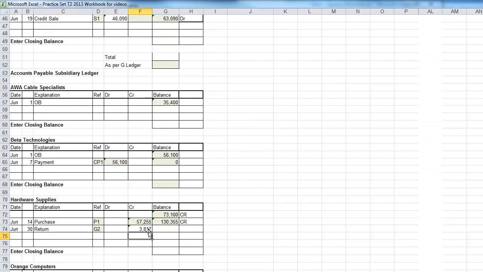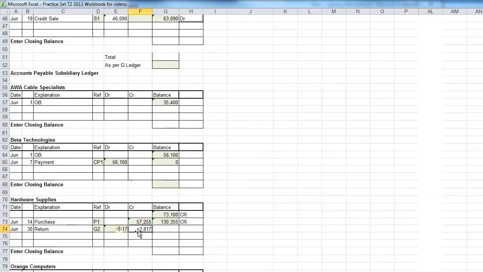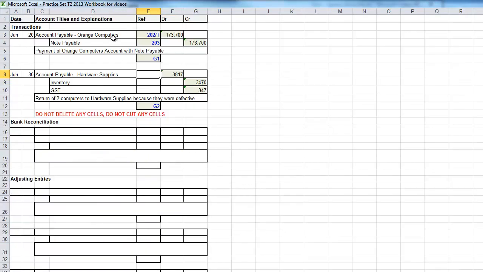So, whoops, I put that in the wrong column. This is our general journal, 3817. This amount is in fact falling, so it's a debit.